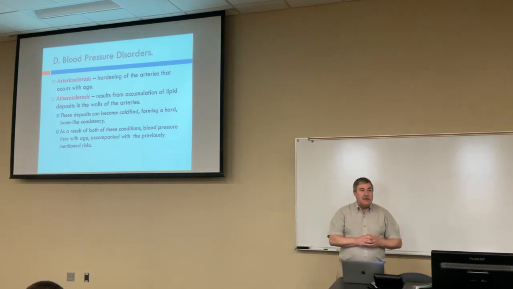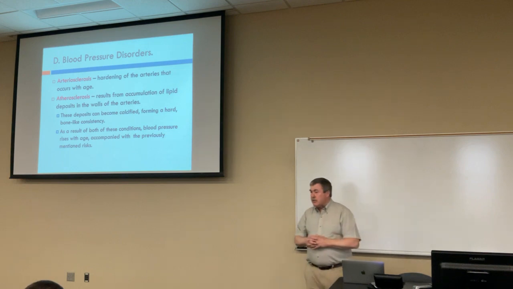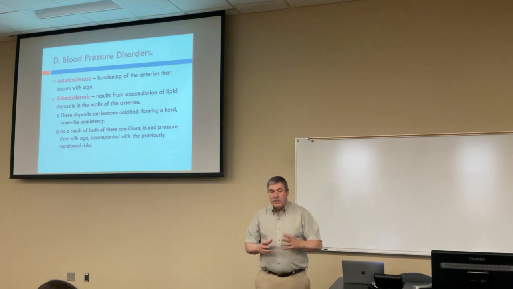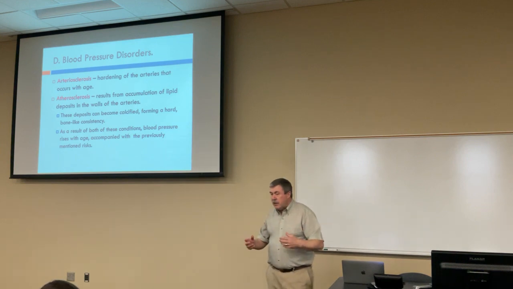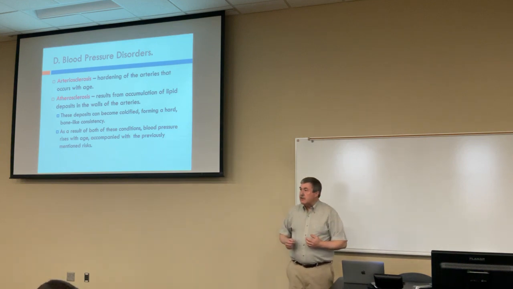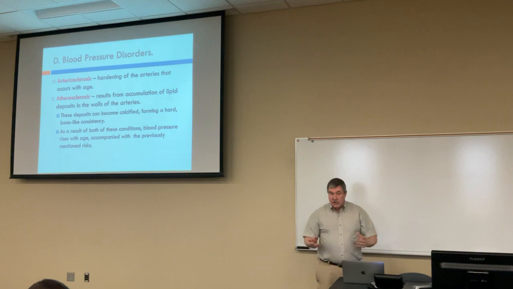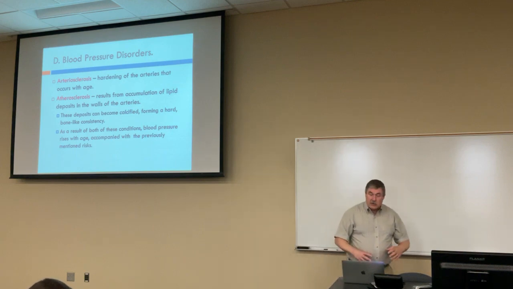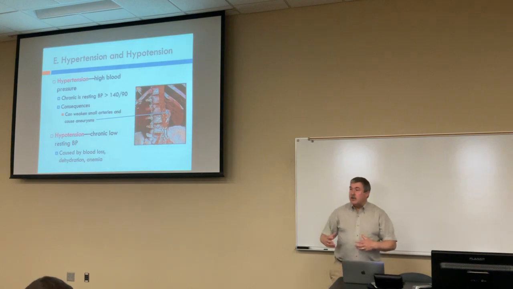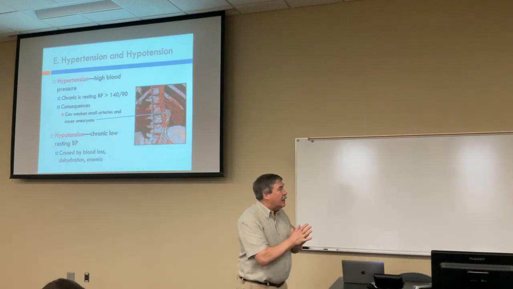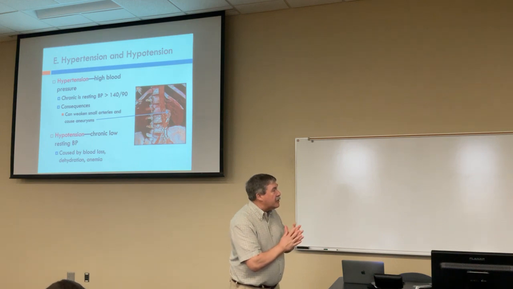If that happens in one of the coronary vessels, that can cause a myocardial infarction. If it occurs in the brain, it can cause a stroke. So those are problems that there's an increased chance of if a person has atherosclerosis. Not to mention high blood pressure, which is also known as hypertension. Hypertension refers to higher than normal blood pressure.